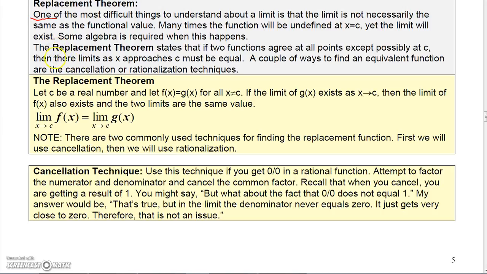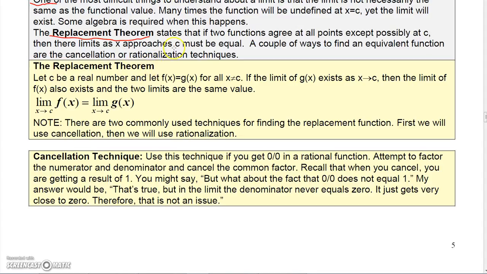The replacement theorem will actually let us bring in these algebra tricks. So let's look at what the replacement theorem is. Let me give you an informal statement here. It basically says if two functions agree at all points except possibly at one number c, then their limits as x approaches c must be equal.